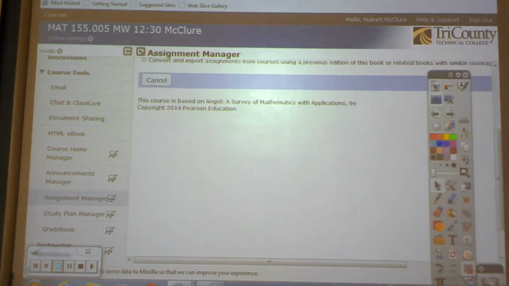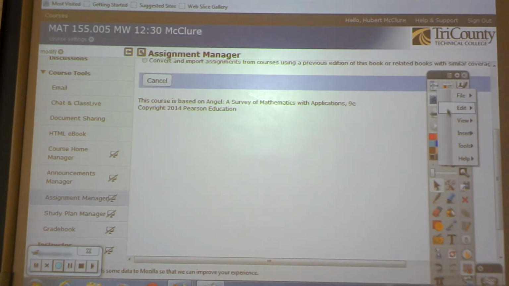Import. Okay, I need to get rid of you. You need to go away.